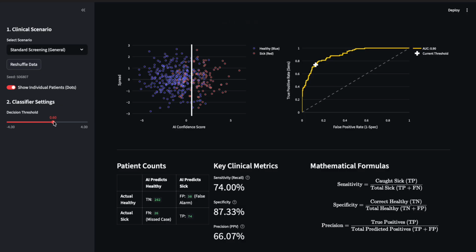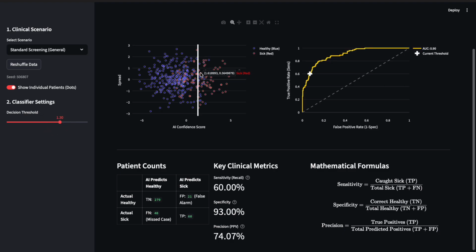So we increase the threshold a little bit, we move it to the right, and we reduced our sensitivity, but we improved our precision. So our model is now more accurate. It detects fewer red dots, but if it says that a patient will be sick, more likely it's right. So we build more trust in the model.